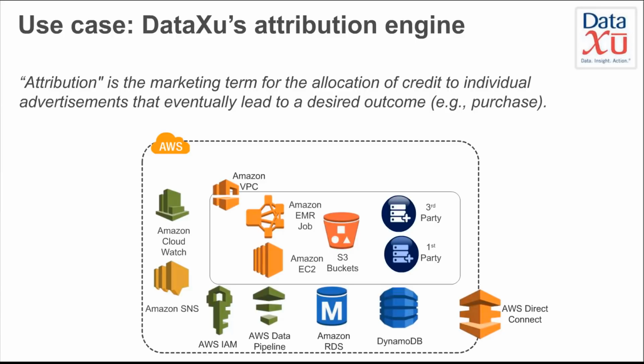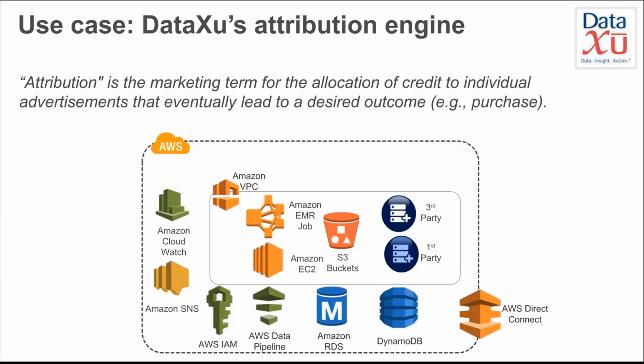So as you can see here, we have data moving into this application that runs on AWS through an S3 bucket where third-party data is ingested, and then that data is processed by a data pipeline job that starts an EMR cluster.